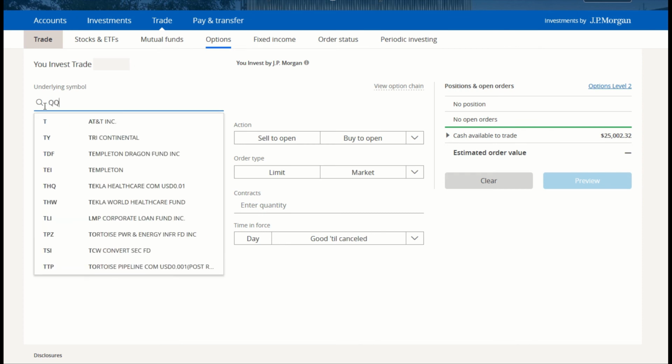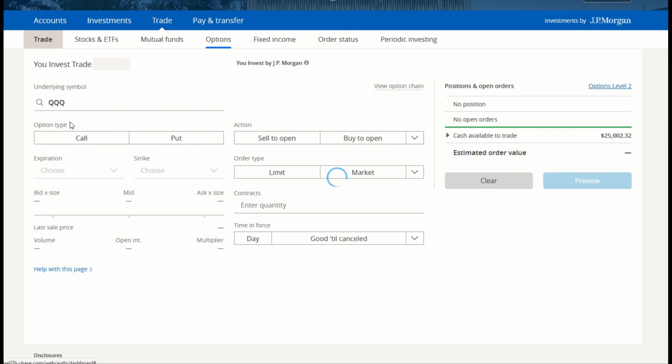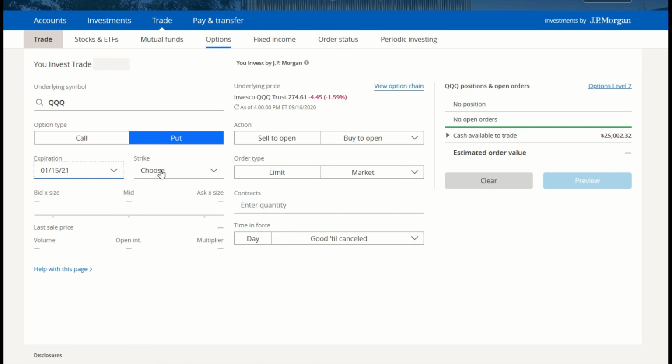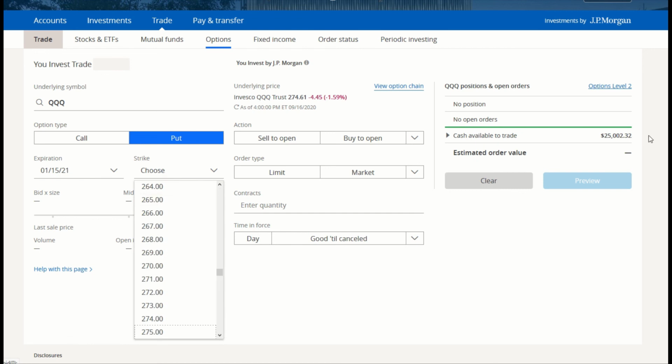Let's just say QQQ, which is a NASDAQ ETF, by the way. We will be selling a put. Expiration, January 15, 2021. Strike, based on the amount of funds I have, I can only go up to 250.